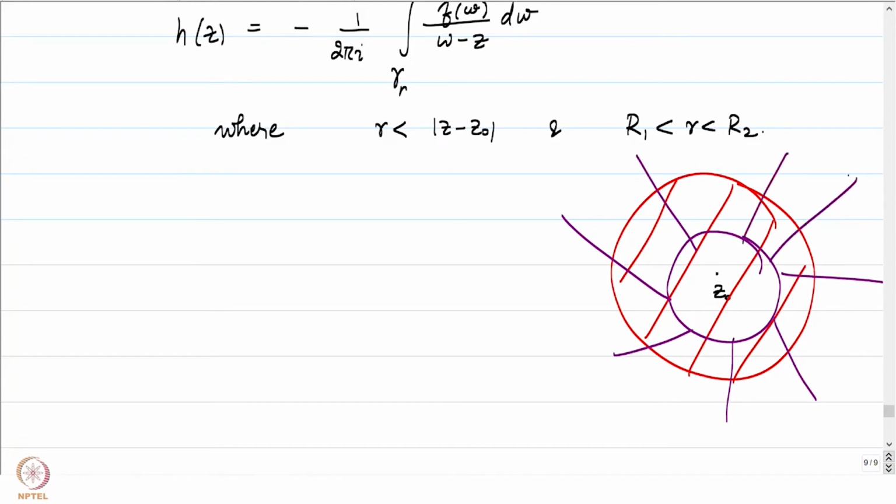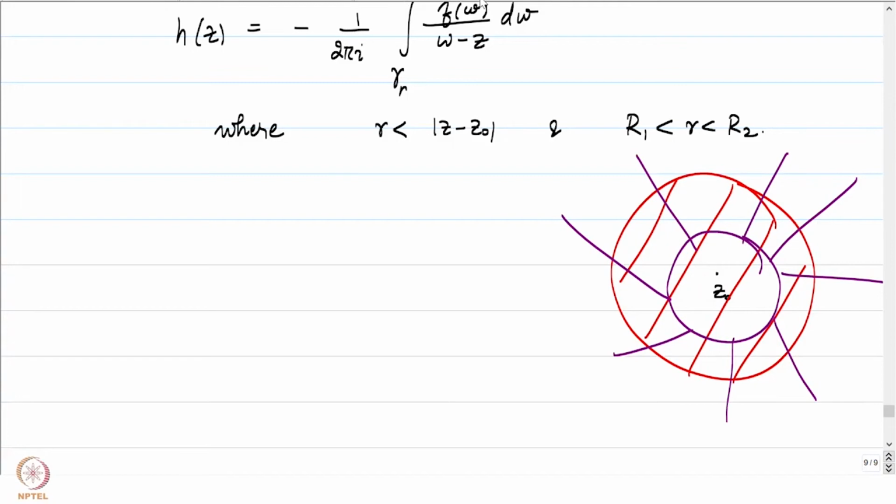So, notice what has happened on the annulus, both g and h are defined. So, let me now draw one more picture to capture what happens inside the annulus of radius r1 and r2.